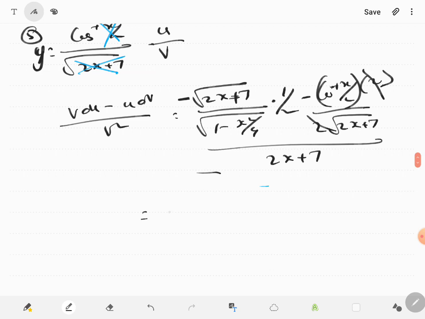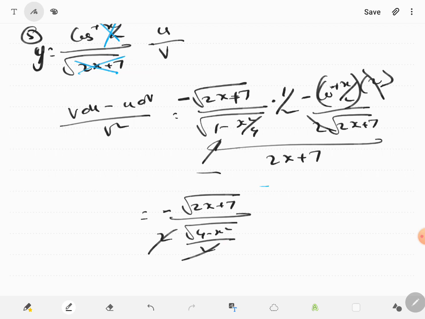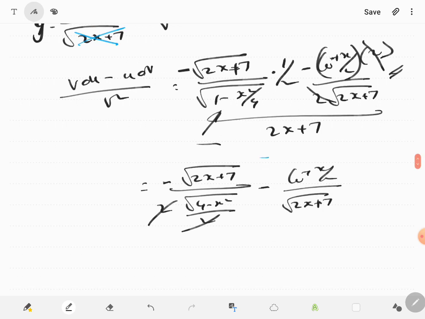As you can see from here, there's a minus root of 2x plus 7 by 2 into, when you take LCM here, the root of 4 minus x square by 2. 2 and 2 get cancelled. Minus what is in here is cos inverse of x by 2 by root of 2x plus 7 by 2x plus 7.